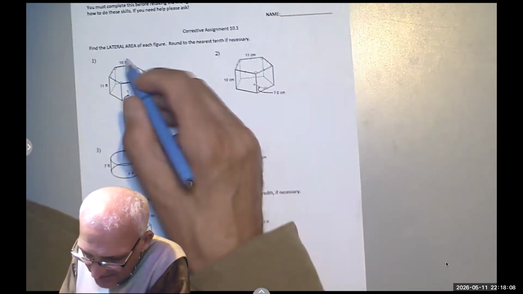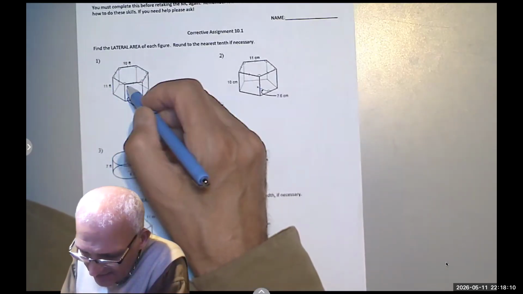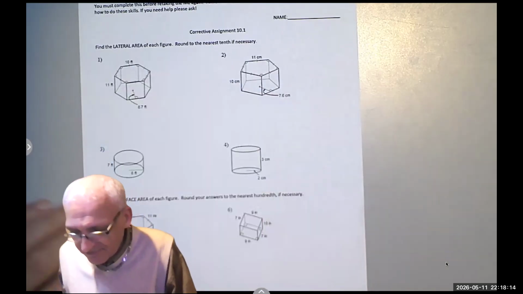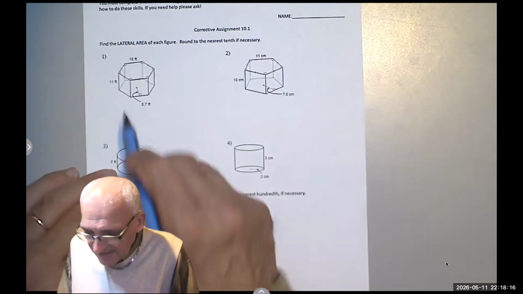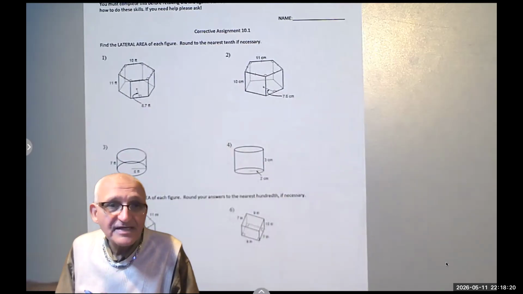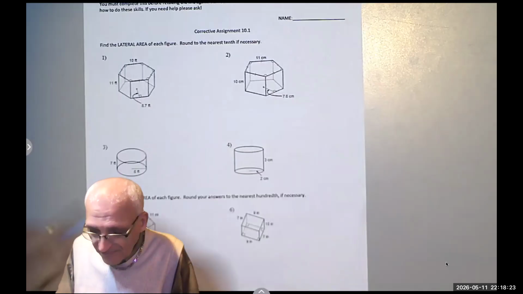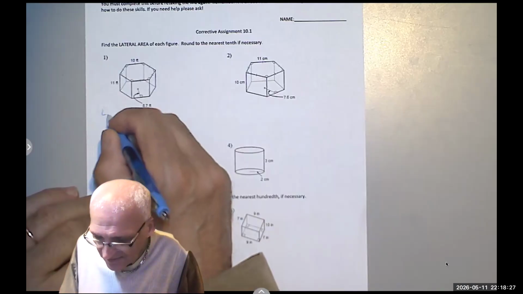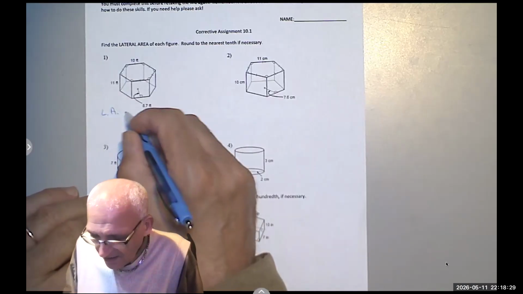They tell you the side is 10, and it's a regular hexagon, meaning all the sides are 10 and the height is 11. So since I have 6 faces, and these 6 faces would be rectangles, and the area of each rectangle is 10 times 11.